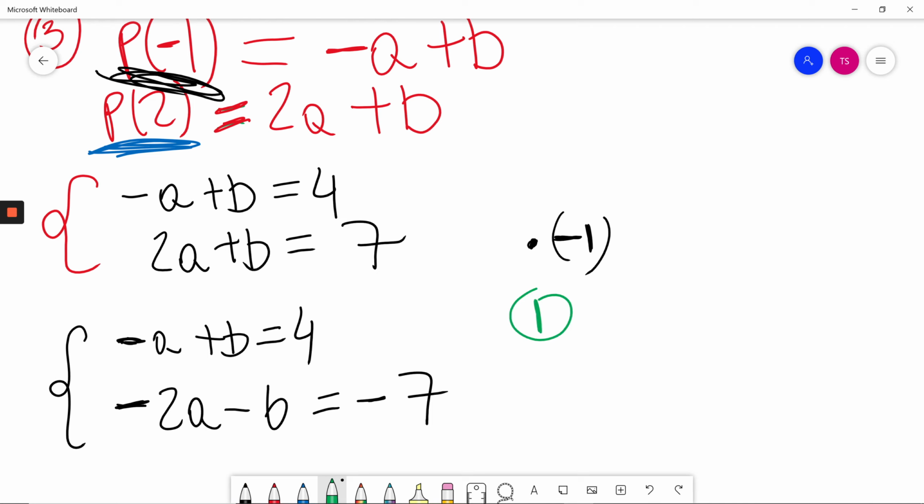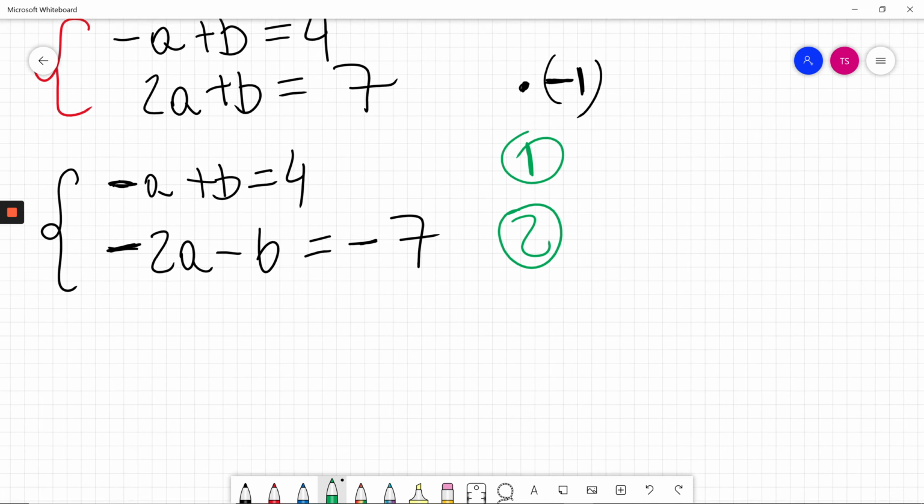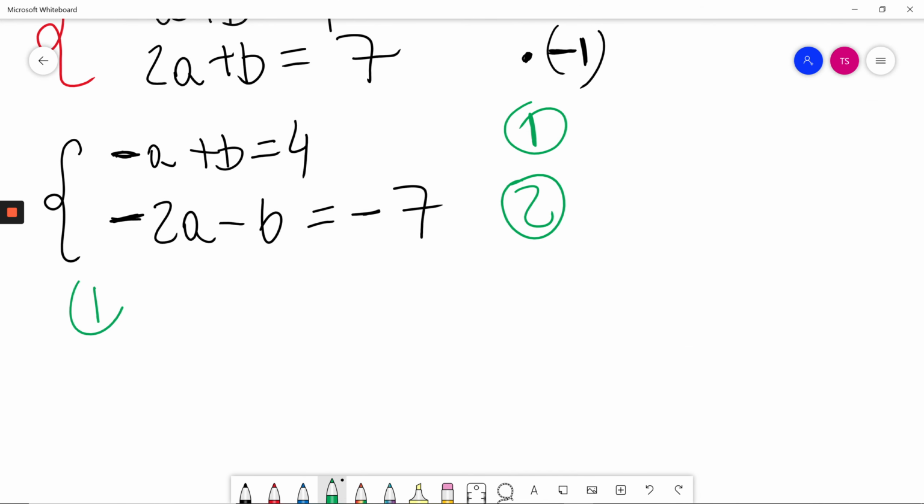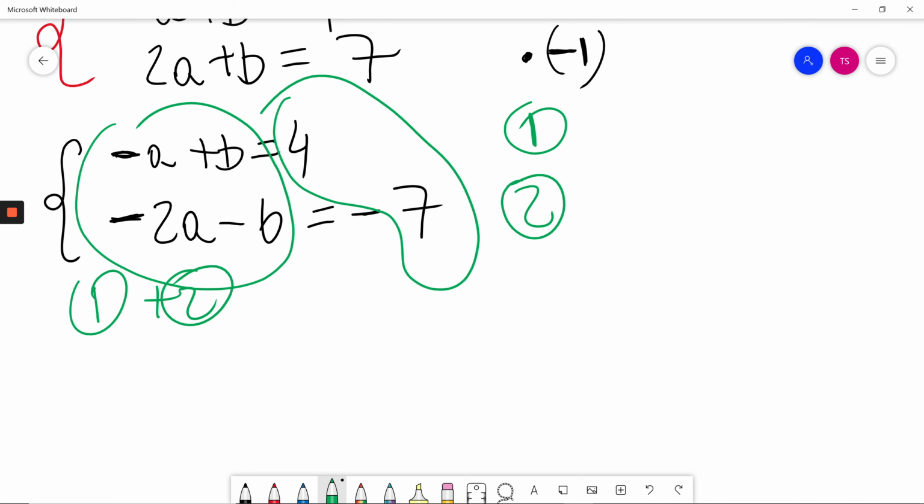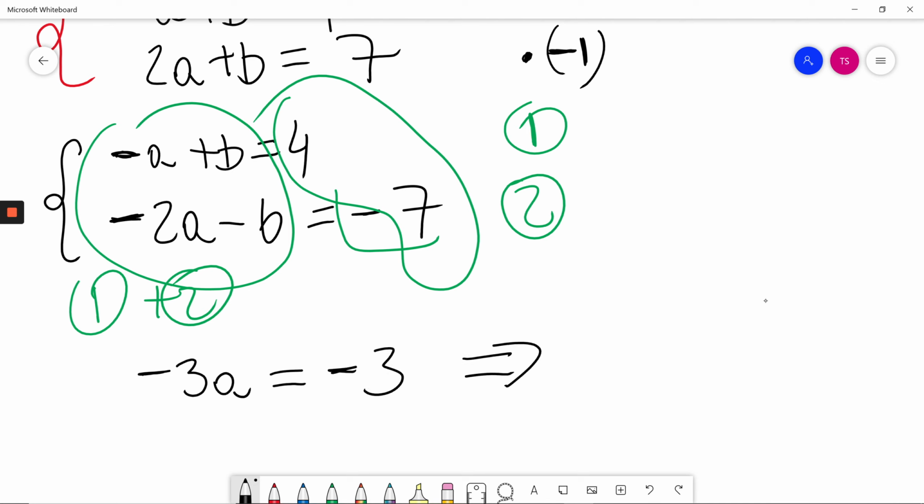If I call this equation 1 and this is equation 2, I will add sides. I will just do 1 plus 2. Then all of this will be equal to all of this. So I will have minus 3a will be equal 7 minus 4, will be equal to negative 3. So from this I know a has to be equal to 1.